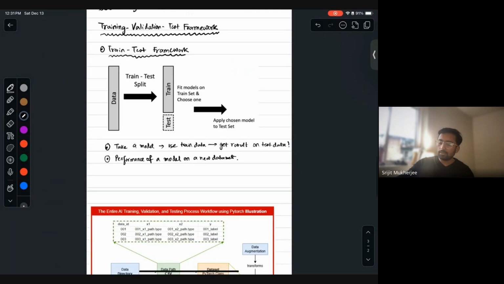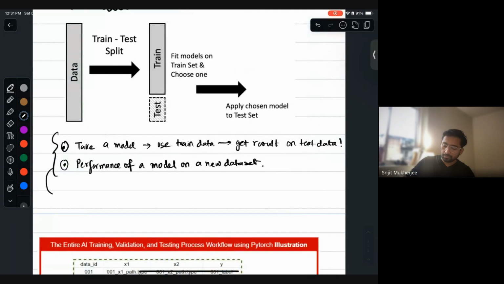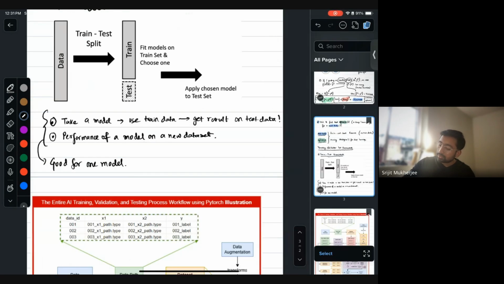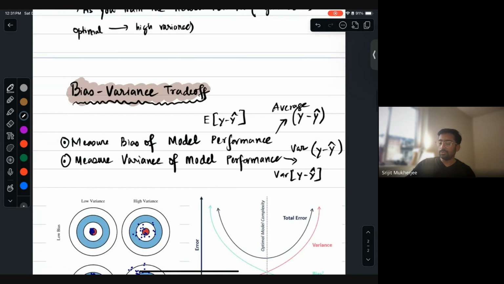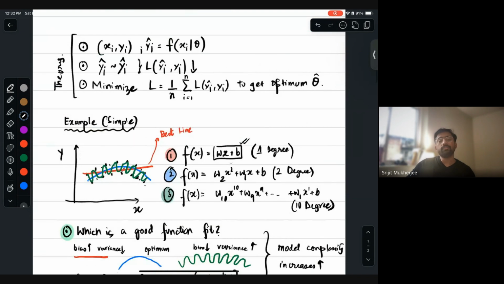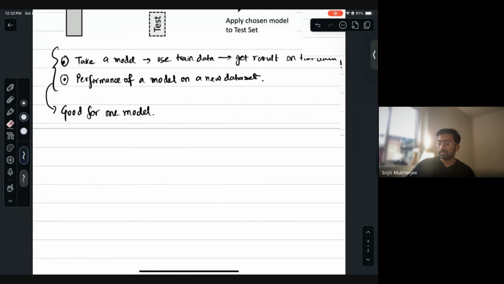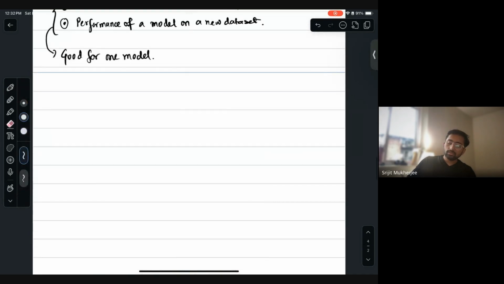This is perfect for one model. Now, if I ask you a question, what if there are different models out here, like three different models?